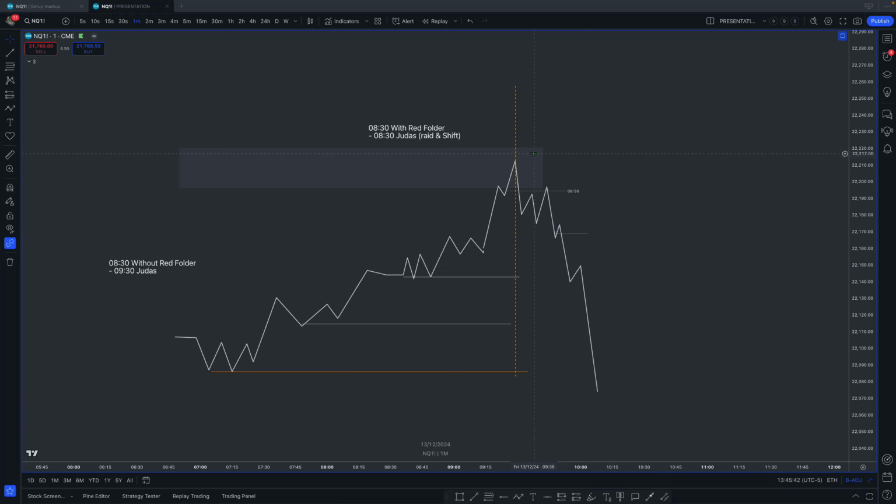And then if it's not red folder news, then you would be looking at this is likely to be 9:30 where you have the smart reversal. So 8:30 might have been down here somewhere. Comes up, you've got the smart reversal, and then you'll likely have these first stage and second stage more than likely during the macros and during the first hour of trading.